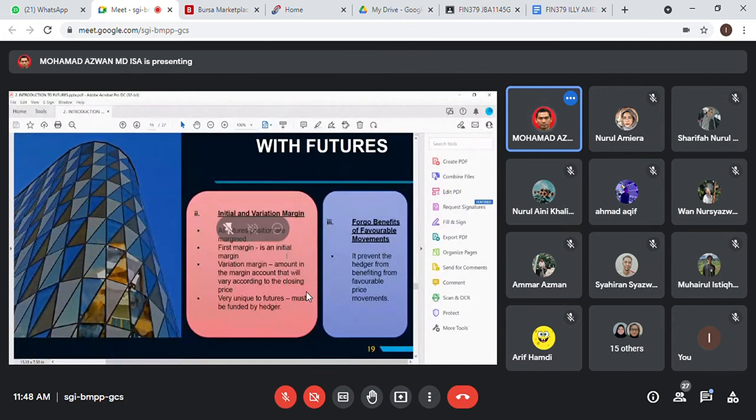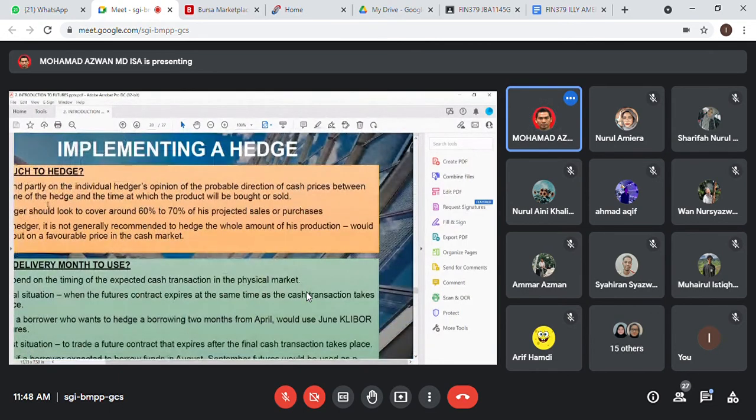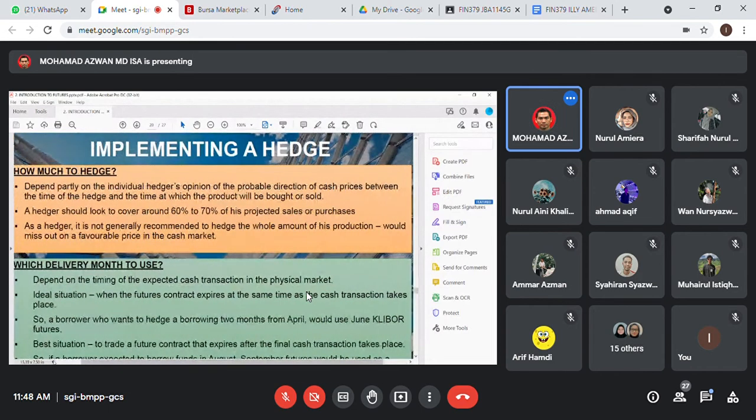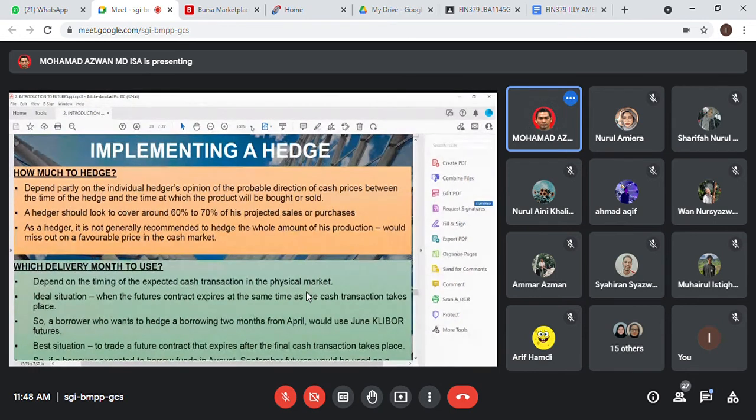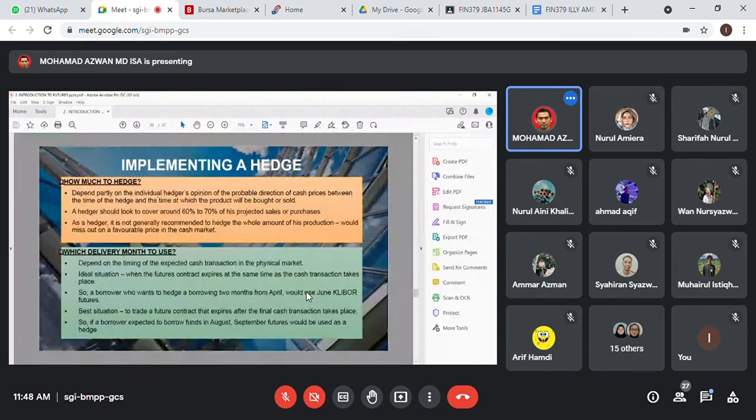Next we have how much to pay, the legal margin. How much you pay depends on your cash market position. Katakan you plan to buy 5,000 metric ton.